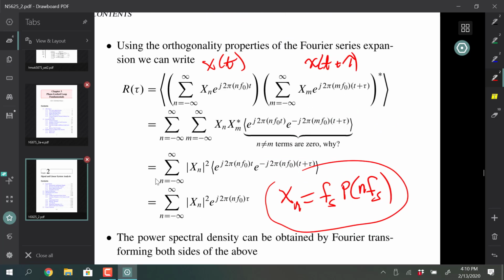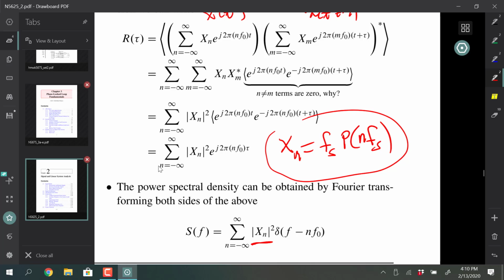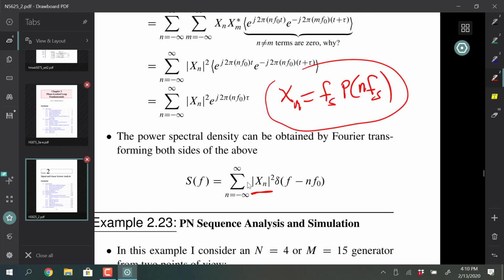The only thing that you could do, but this is just too much nitty gritty right here. This is kind of establishing the power spectrum relationship to the Fourier series, but it's easier to just go with the answer, which is right down here. That's the answer, and then you just have to plug in the Fourier coefficients for the line spectra.